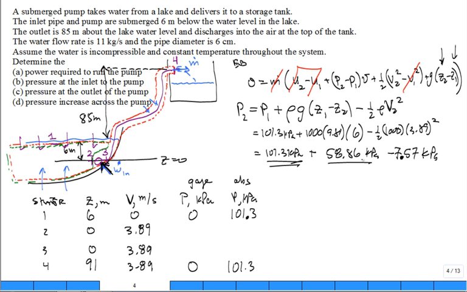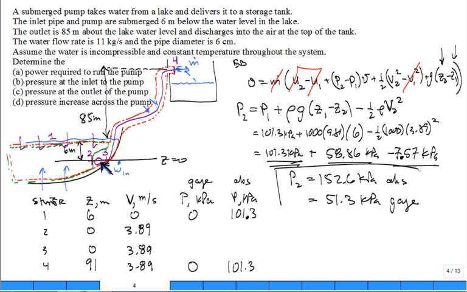That's the hydrostatic pressure. And then I have this reduction because of its suction into the pump, the kinetic energy part. So the final pressure at state 2 is, depending how you write it, 152.6 kilopascal absolute, or it's 51.3 kilopascal gauge. Either one works.